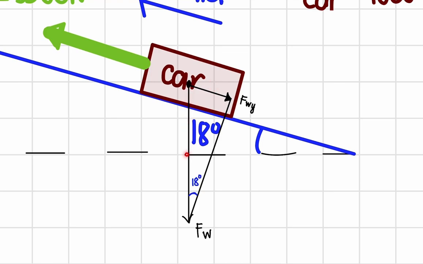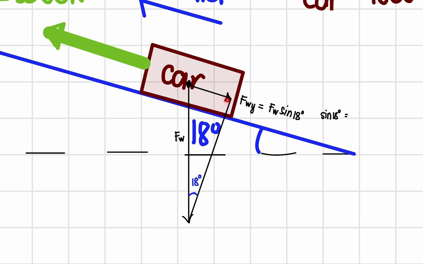And remember that this downward vector, that downward vector there, that is FW, which means that FWY is FW sine of 18 degrees. Why? Because sine of 18 degrees is equal to, what's the opposite side of 18 degrees? This one, diba? Which is FWY.